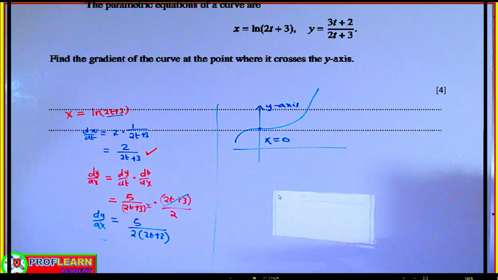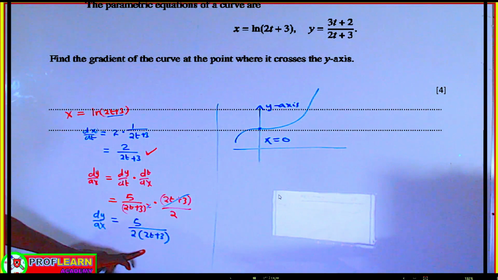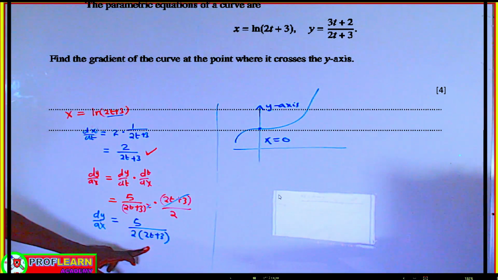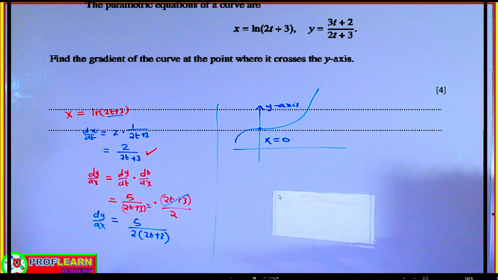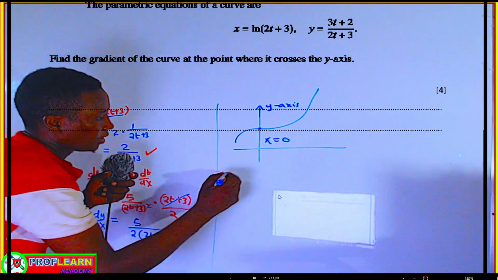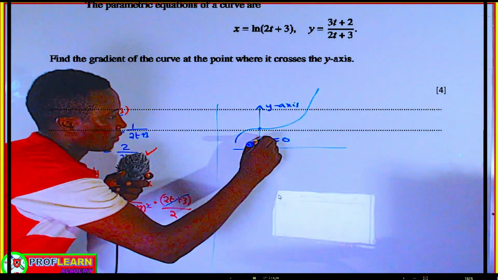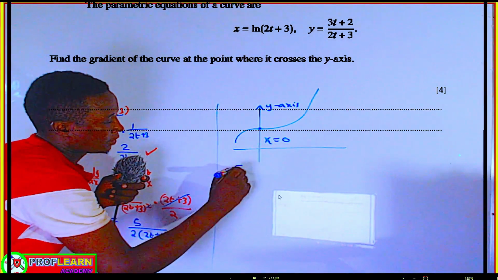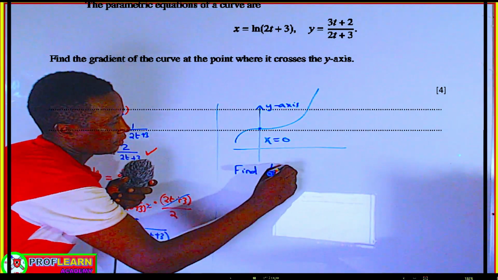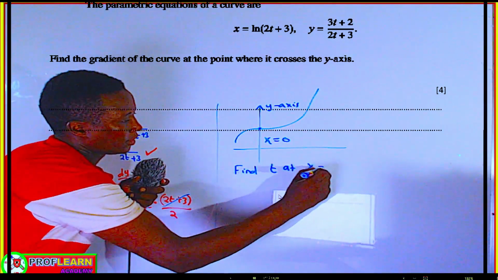So because we already have our dy/dx in terms of t, we need to find the value of t at x equal to 0.